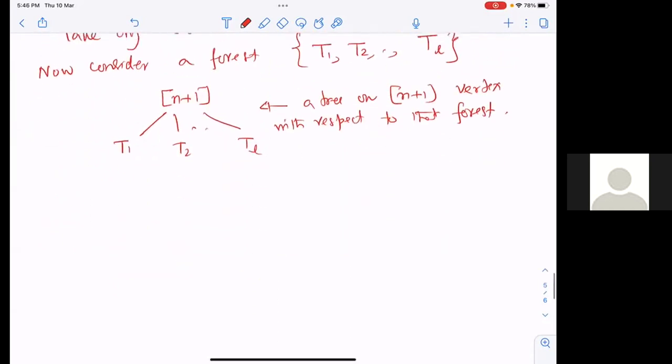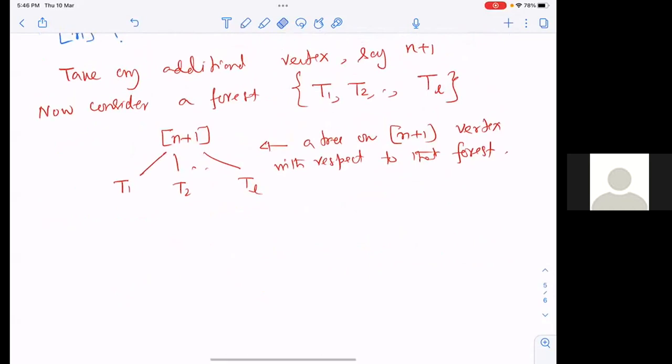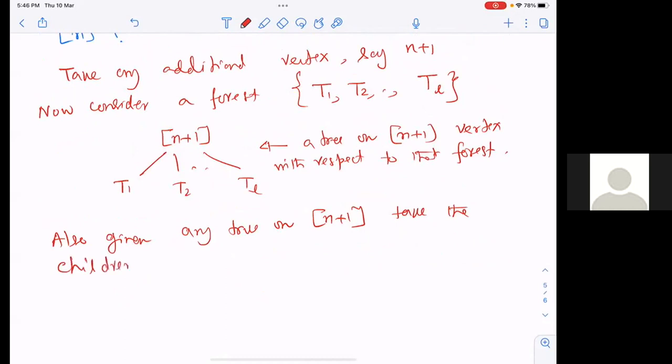Also, given any tree on n plus 1 vertices, take the children of n plus 1, and that defines a forest. Clear?